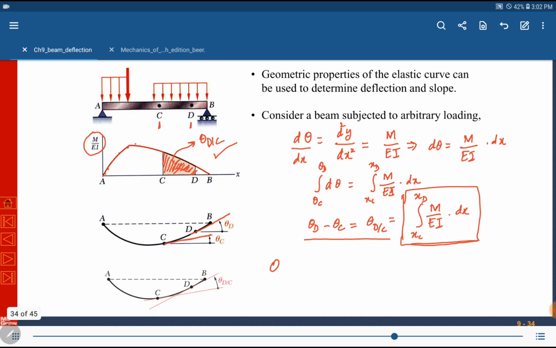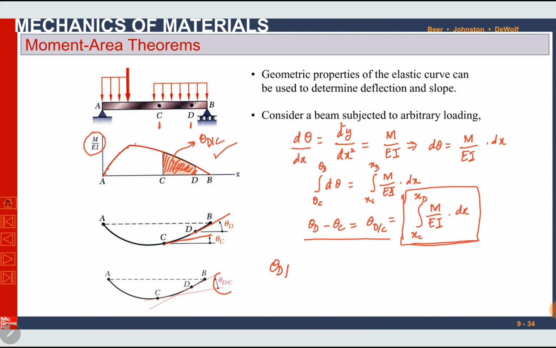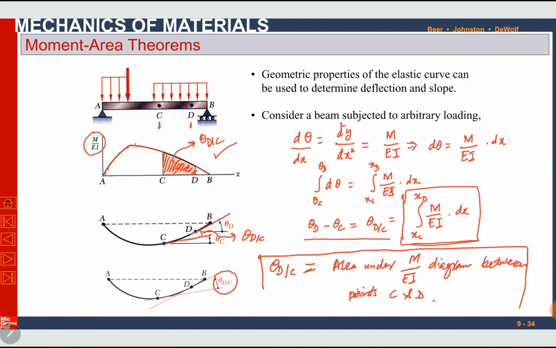Theta DC, the change in slope between the 2 points D and C, is the area under the M over EI diagram between points C and D. This is the statement of the first moment area theorem.